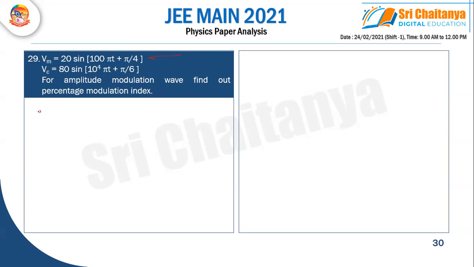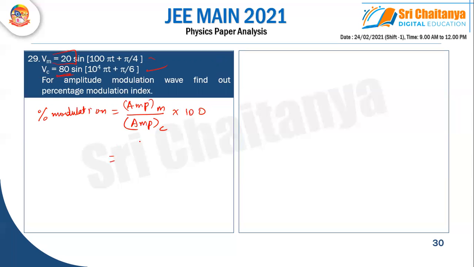Now, for the percentage modulation index, I need to consider the amplitude of the Vm wave and the amplitude of the carrier wave, and this will be into 100.